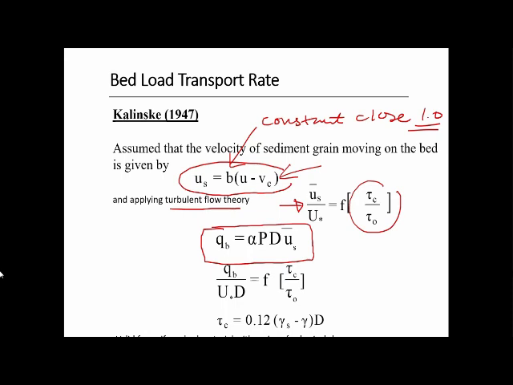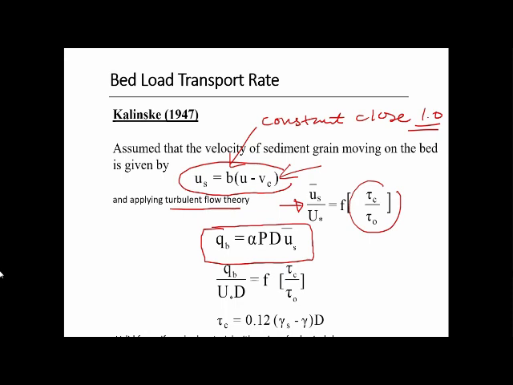So if you apply turbulent flow theory in these equations and do the generalization, the constants like alpha and the fraction of the sediment can be removed.